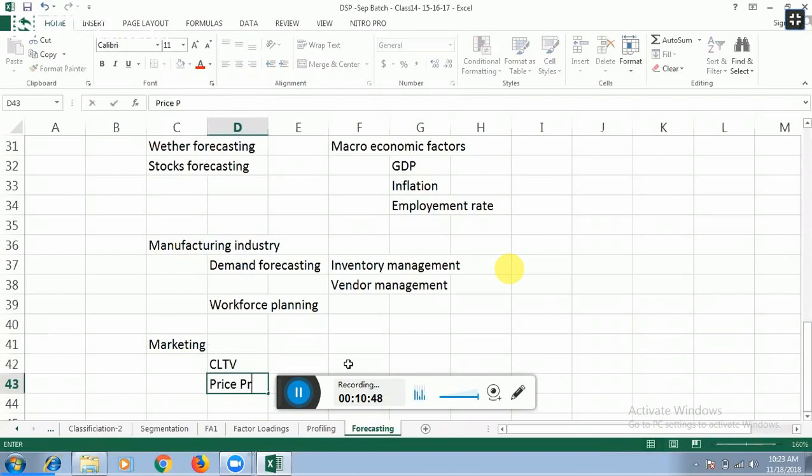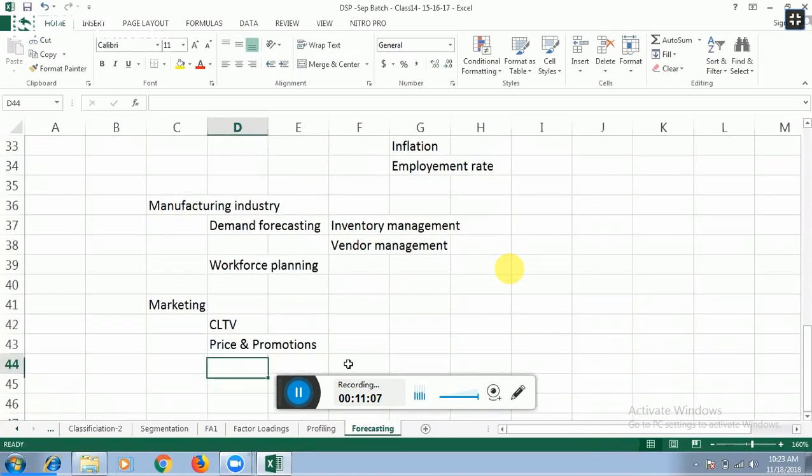And price and promotions: in what scenario we need to give discounts, in what scenario we should not give any discount, what calendar and promotions we need to plan so that revenue can increase maximum. And marketing spend optimization.